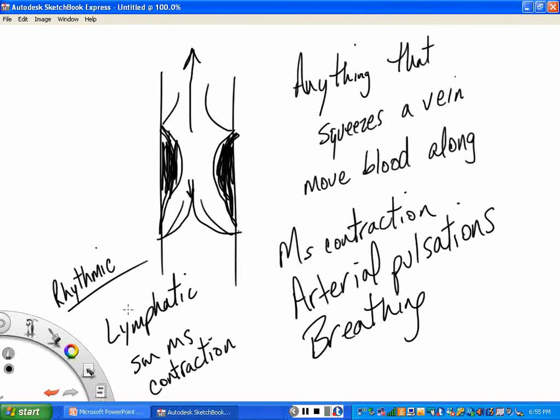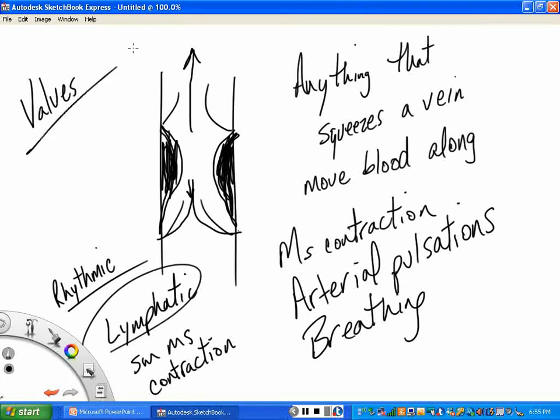Rhythmic smooth muscle contractions in the lymphatic system. And all of this works because of what simple structures? Correct. Valves. Without valves, none of that would work properly because the flow wouldn't be one way.